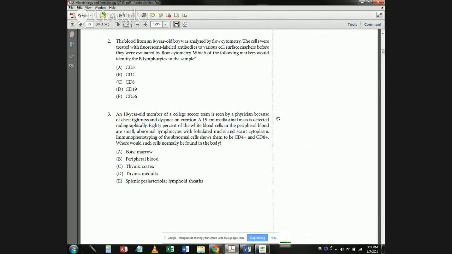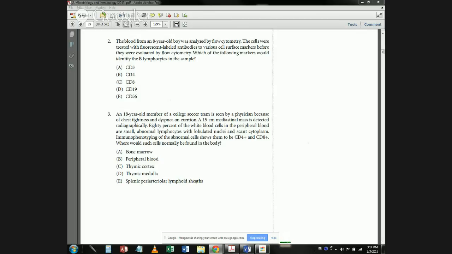It can be either a B cell, a T cell, or an NK cell. And the thing is, they all look the same, and they all have a very big nucleus and scant cytoplasm. I don't know. Immunophenotyping of the abnormal cells shows them to be CD4 and CD8 positive.